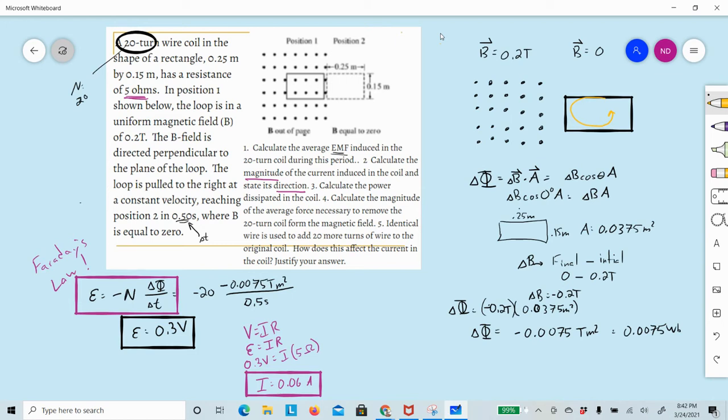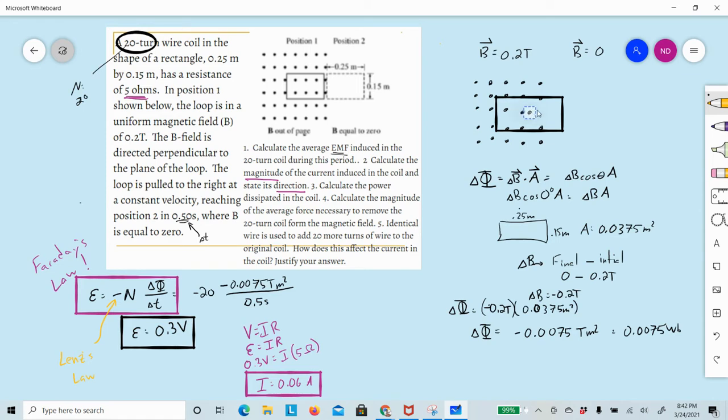This is where you need Lenz's law to figure this out. And that Lenz's law is why there is a negative here, to figure out the direction. What direction is this current in?